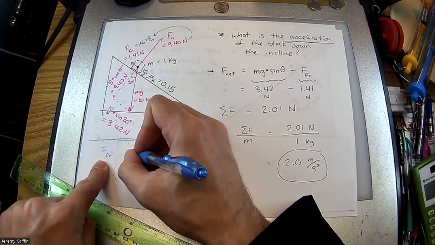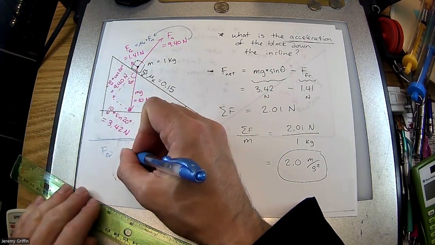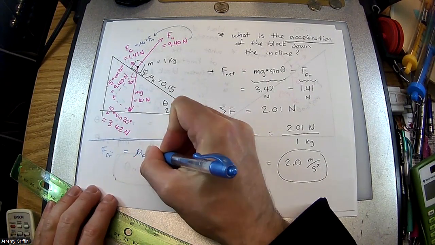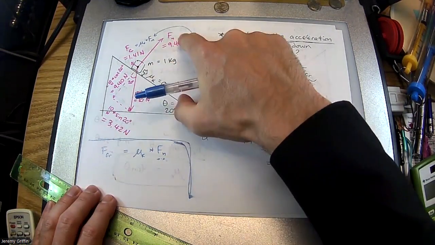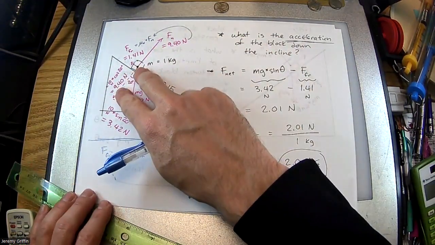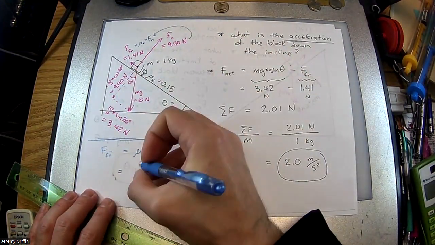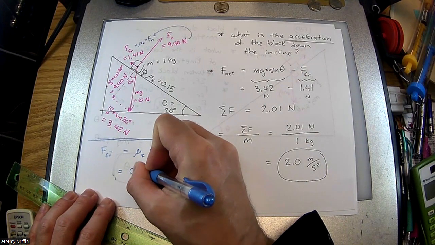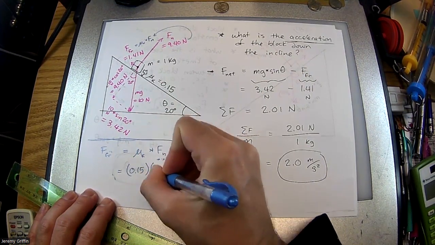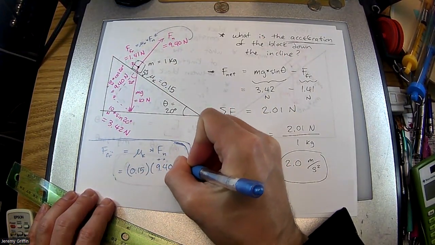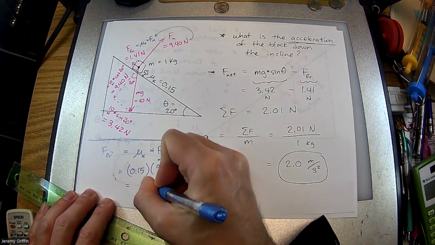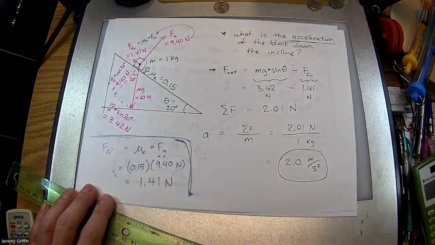Friction force is equal to the coefficient of kinetic friction times the normal force, and this normal force was equivalent to mg cosine theta. So I did 0.15 times, and then the mg cosine theta came out to be 9.40 newtons. So that gave me 1.41 newtons.